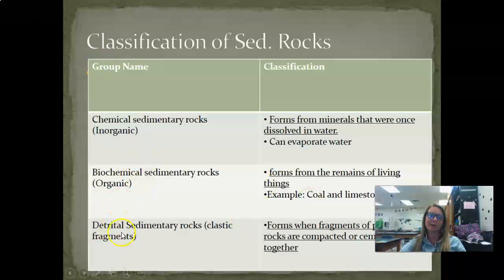So finally, our last one is detrital, which is just fragments of rocks that have been compacted and then glued together. So normally the sedimentary rocks have been broken down, maybe sitting at the bottom of a lake bed or a pond or a creek, and then they're compacted together. So maybe they're covered up with mud and then glued together.